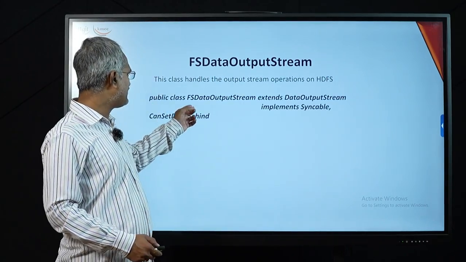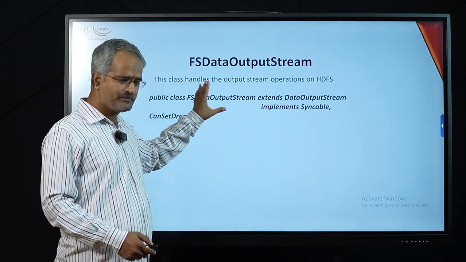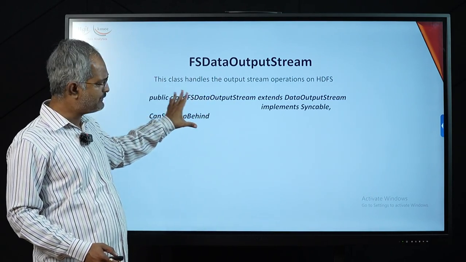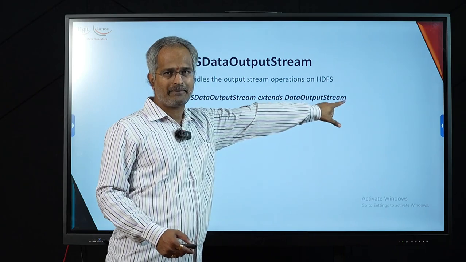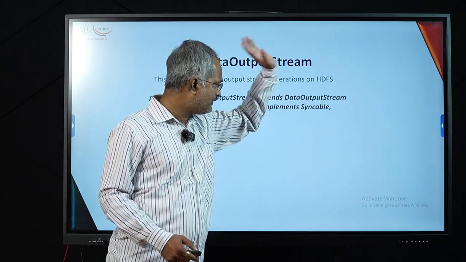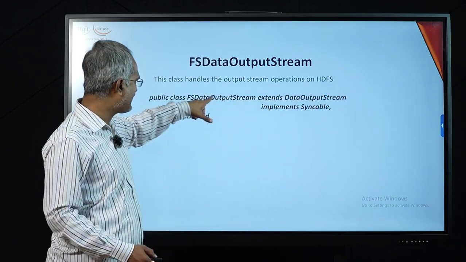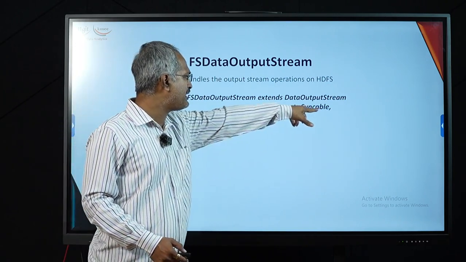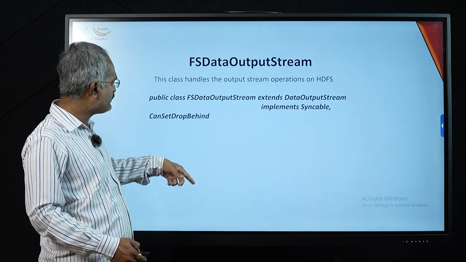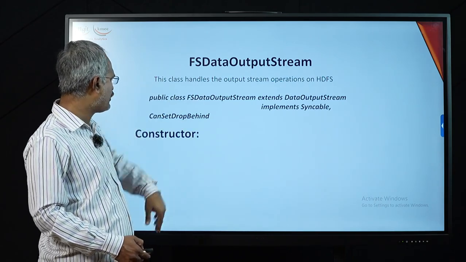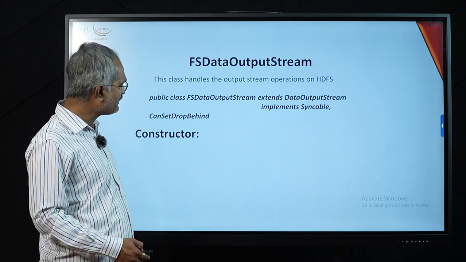And public class FSDataOutputStream, this is the syntax and the prototype given, that is extends DataOutputStream. Actually DataOutputStream is the main class, from that it was derived, and it implements the Syncable, and then we are using this FSDataOutputStream, and there is a constructor also.